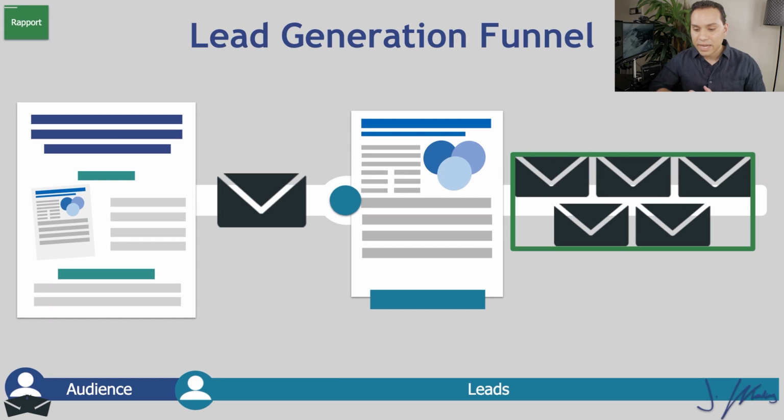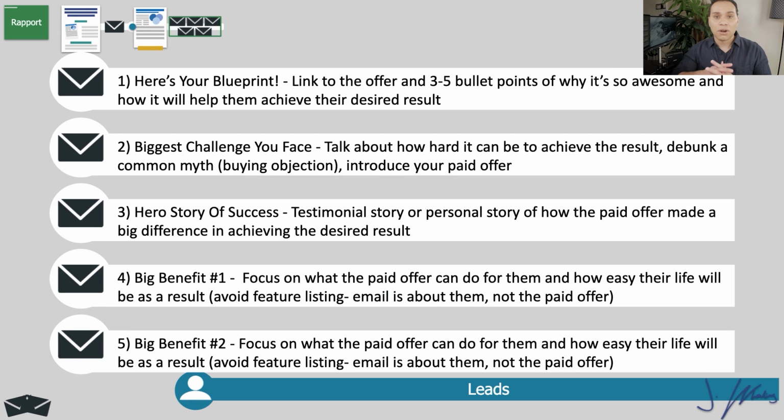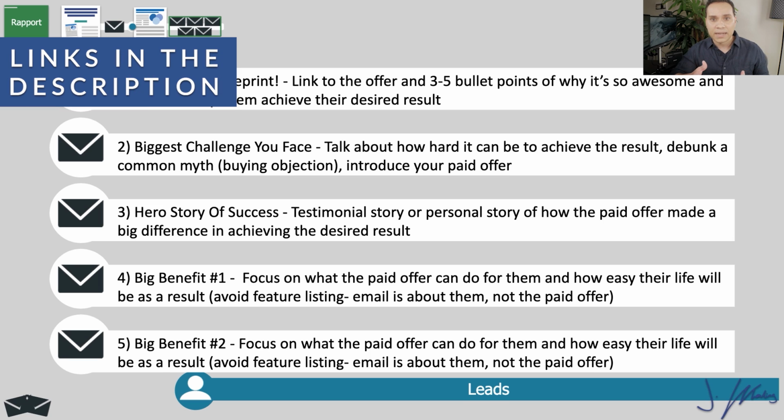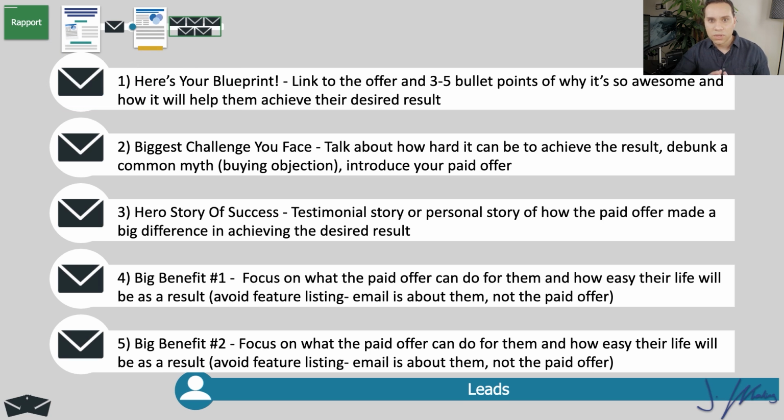So going back to our diagram here, you see we've already talked about the lead magnet, the landing page, that first email. That's just the email where you're giving them a link to whatever the lead magnet was. Now we'll talk about the rapport sequence. There are a lot of things you can do with this. You can use the timestamp table of contents to come back here. I'm not going to go through each one of these emails individually, but all you're doing with this rapport sequence is delivering the lead magnet, and then starting to build a relationship with your new subscriber.